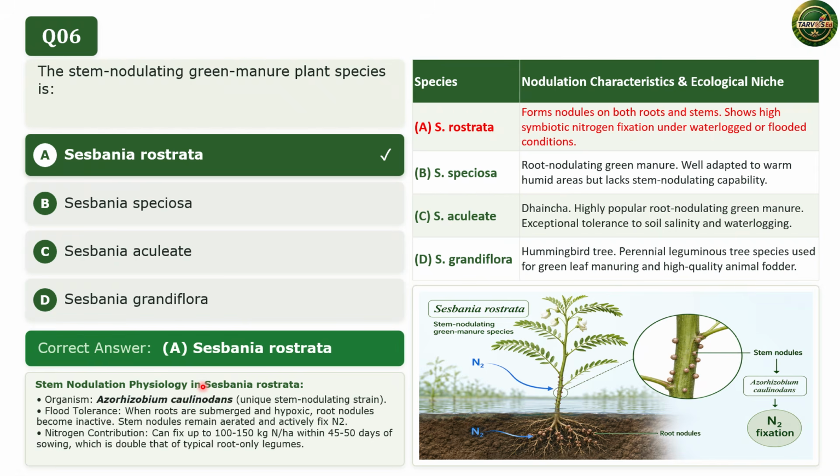In those situations, the stem nodules will do the job. And Sesbania speciosa and Sesbania aculeata are both root-nodulating green manures. And Sesbania grandiflora is a perennial leguminous tree species, used as a green leaf manure, and it is also a high quality animal fodder.